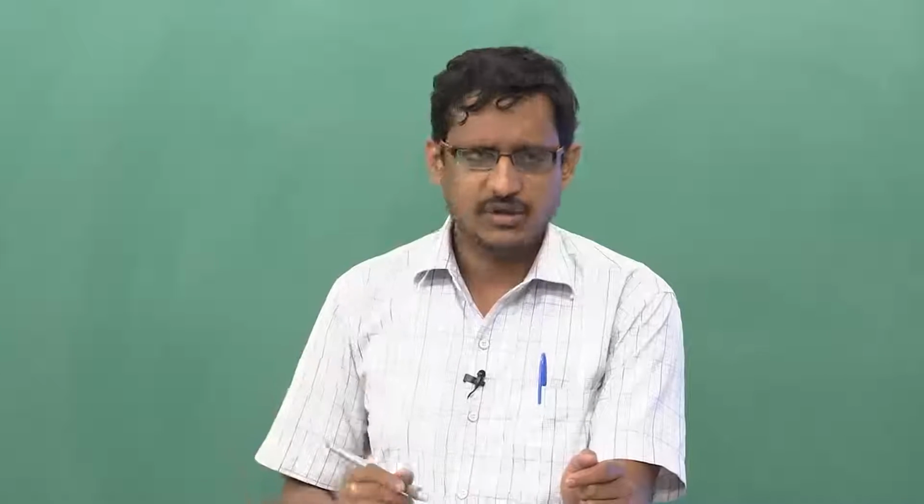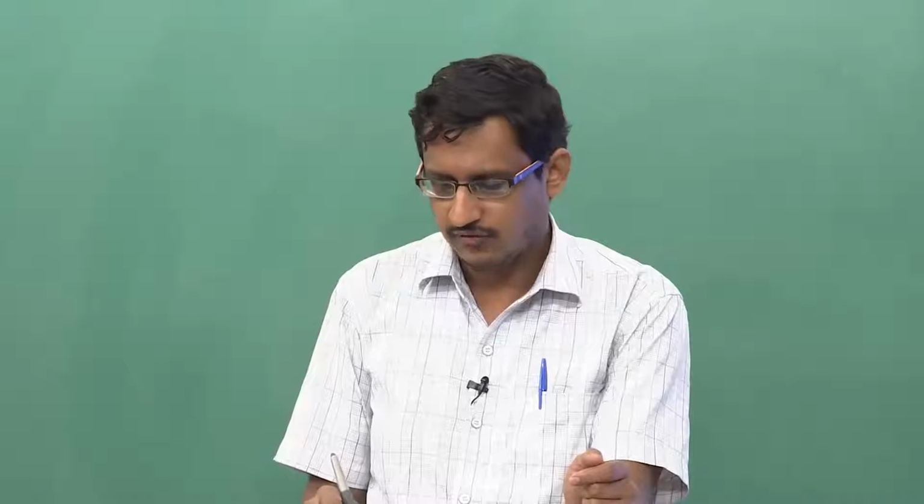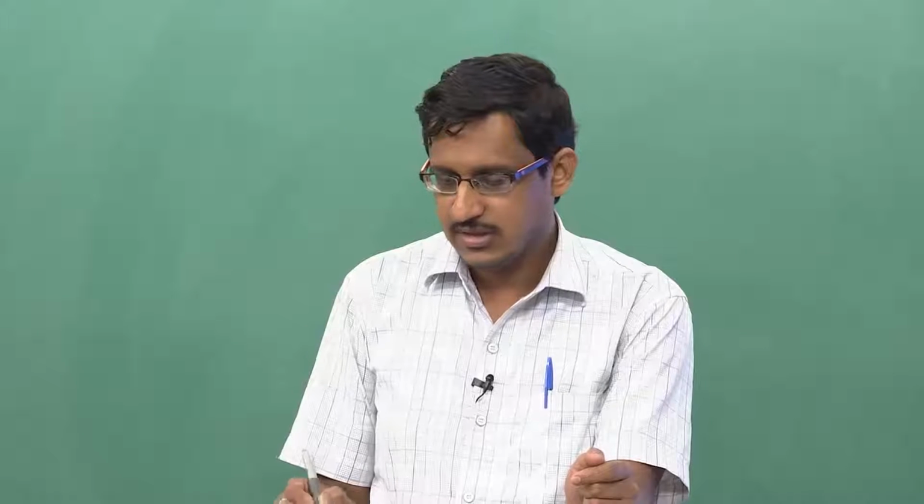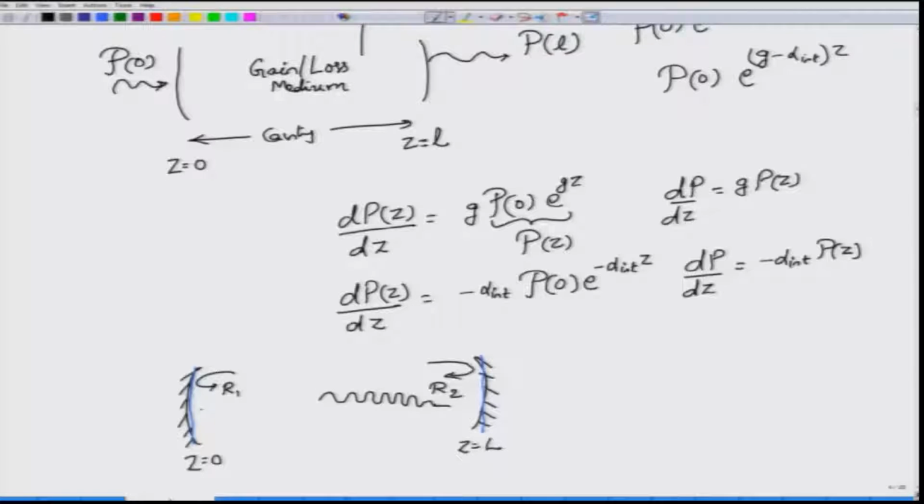Let us say for some reason the power in the form of the optical wave is travelling in this way. Maybe it starts at the origin over here and travels all the way to the end. What would be the length over which it has travelled? A length of L. What would be the gain it would have experienced? g times L. What would be the loss? Minus alpha int times L, right.